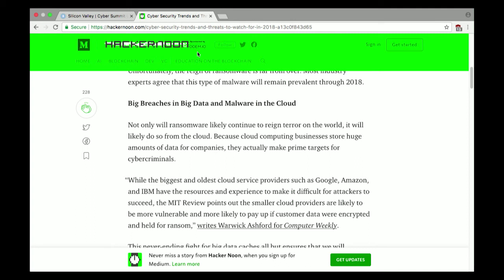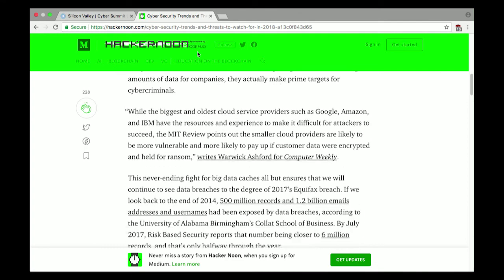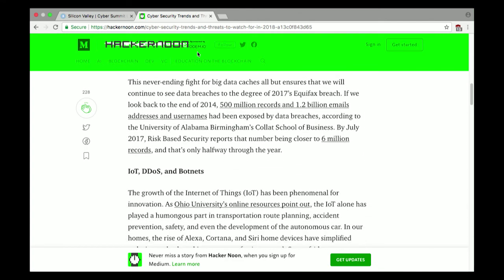We have seen that happen to many companies, for example Equifax, which lost around 200 million records of very important social security numbers and other data. So we need to find something to stop that.